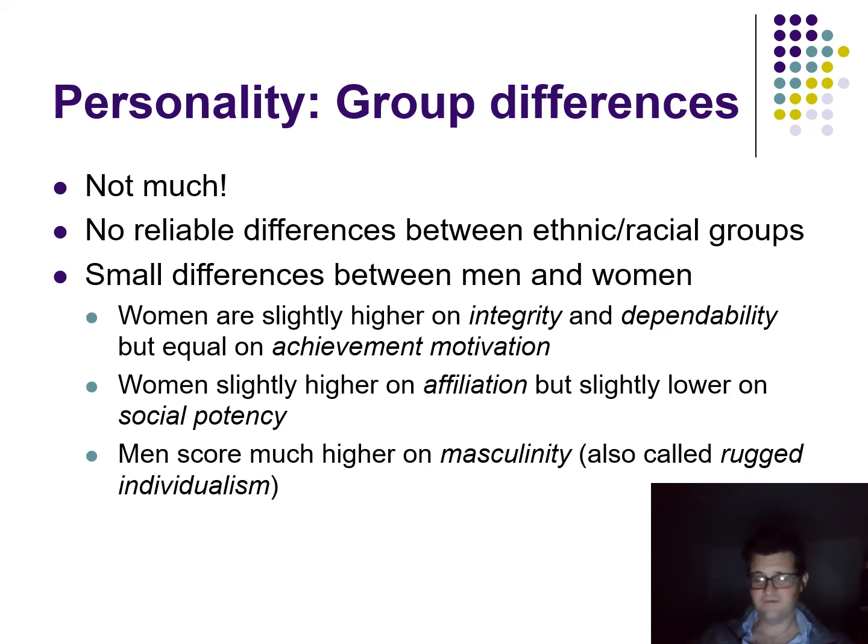Whereas the other average differences here are very small. There are some nuances to go into with that, but the basic idea is they're very small, and most people are not going to make that big of a deal about them.